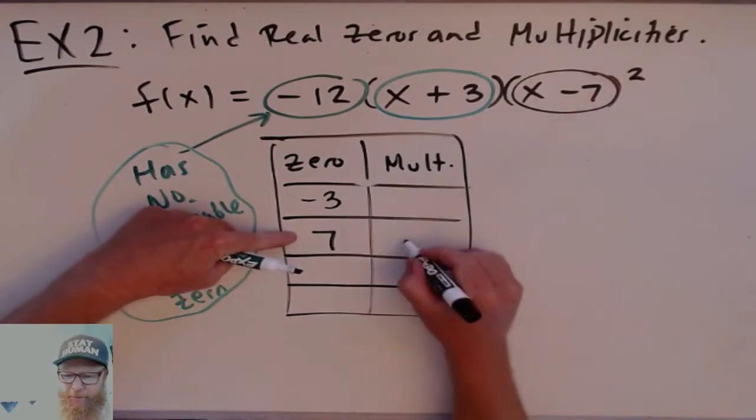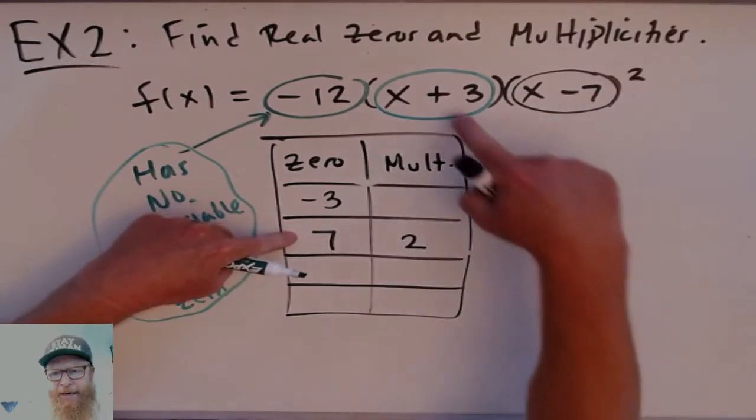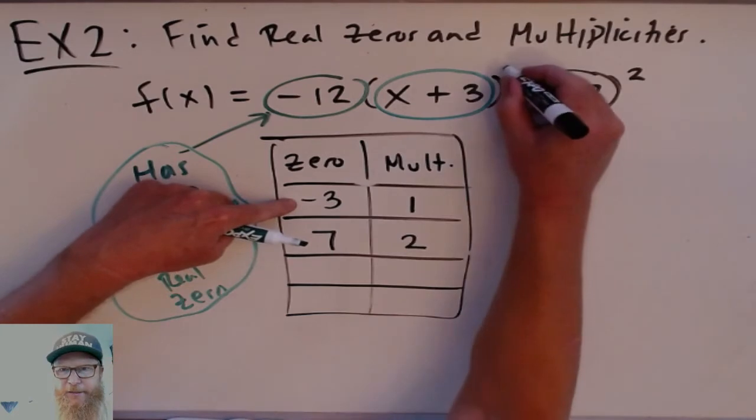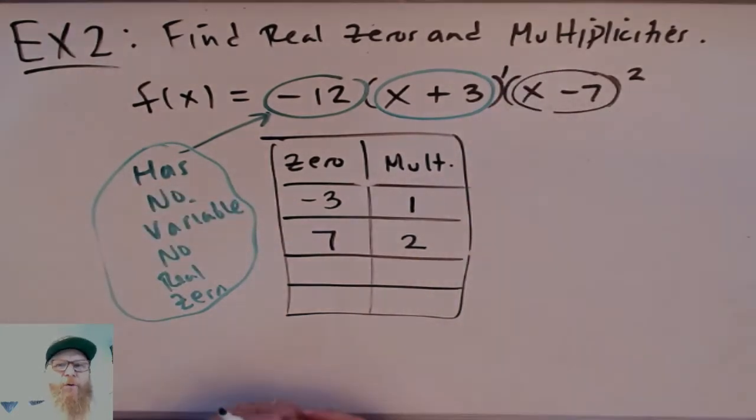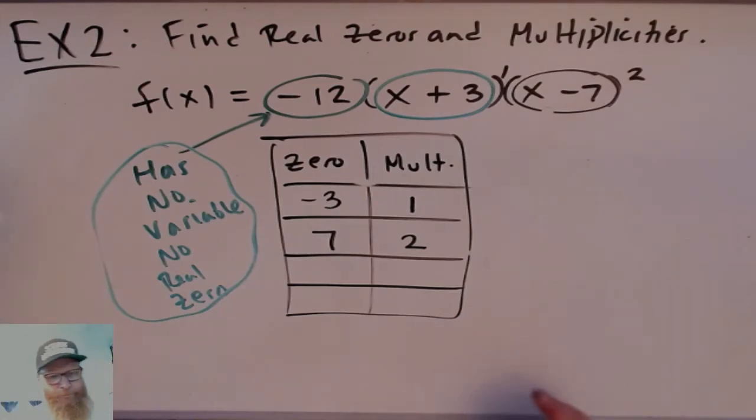For 7, the multiplicity is 2. And for negative 3, the multiplicity is 1. If you don't see a power, it's a 1. And it's okay to have some blank rows. I guess that's it. Since I'm not going to graph it, there's not much else to do.